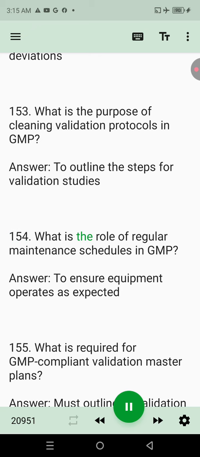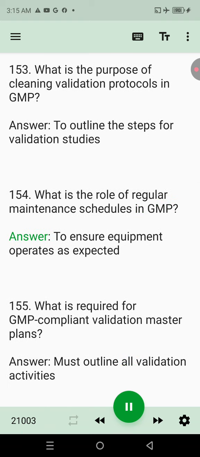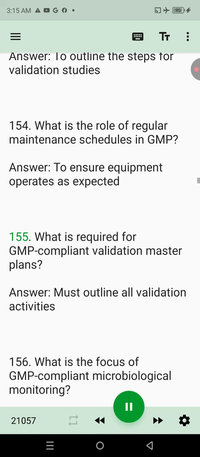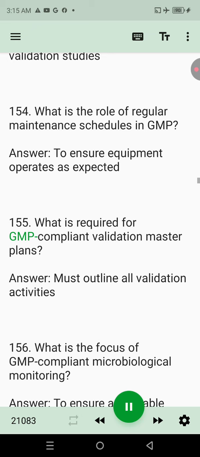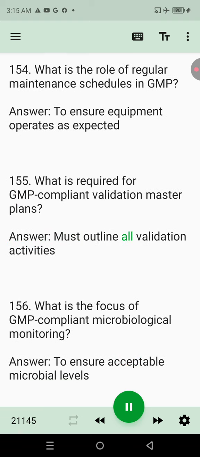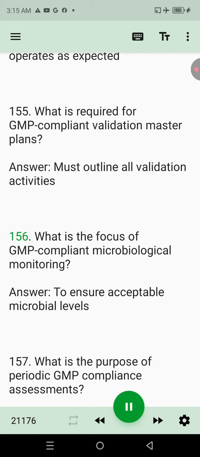154. What is the role of regular maintenance schedules in GMP? Answer: to ensure equipment operates as expected. 155. What is required for GMP compliant validation master plans? Answer: must outline all validation activities. 156.